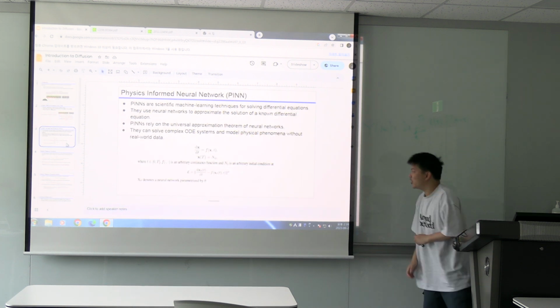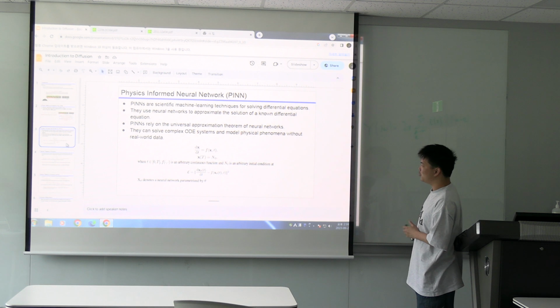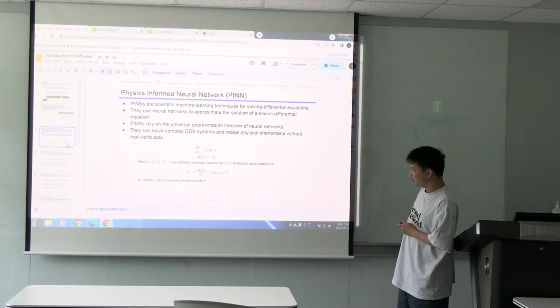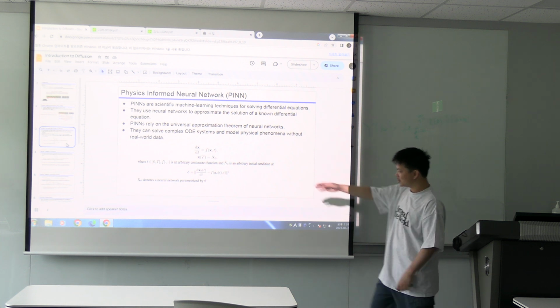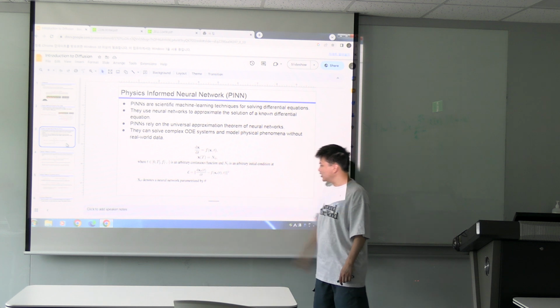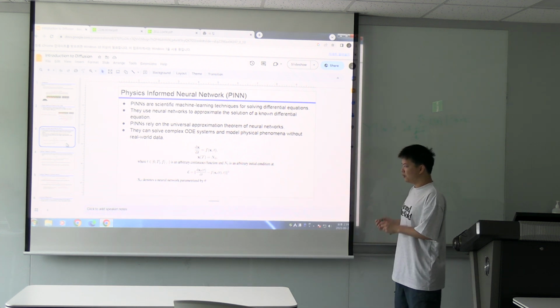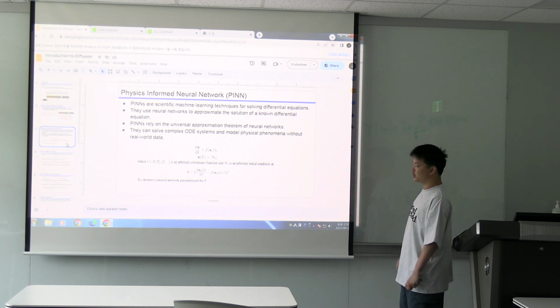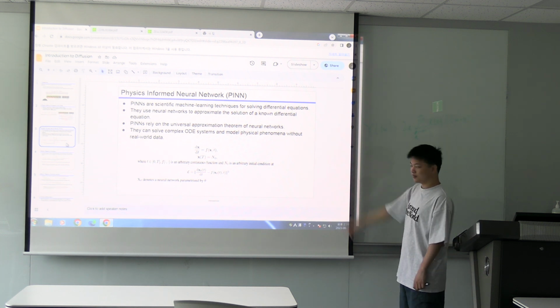Sidetrack. Physics-informed neural networks, right? They are a scientific machine learning technique where, given these equations, by minimizing the residual loss, you can learn a model, x theta of t, that models the solution to this system.